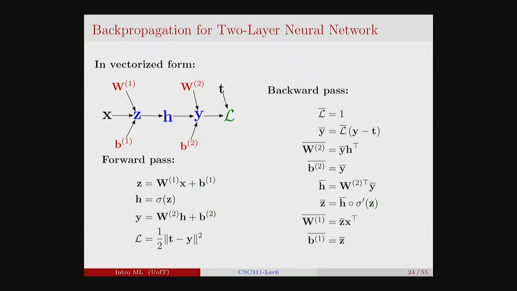Now this is in the scenario where the input is a single vector. You can imagine what happens when the input is a batch of vectors, when we're doing batch gradient descent. If it's a batch of vectors, then we might have, for example, an n by d dimensional input that results in an activation y being n by d.